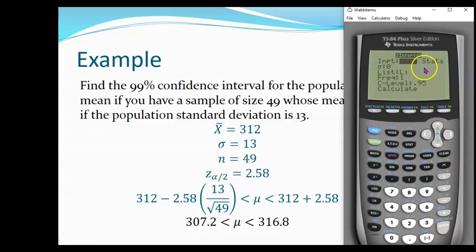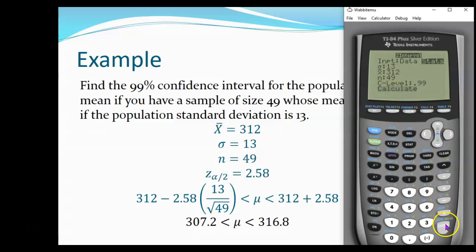You should highlight Stats instead of Data, and it has slots for you to put in sigma, that's 13 in this example, and then x bar is 312, and n is 49, and the confidence level is 99%, so we put that in as 0.99.